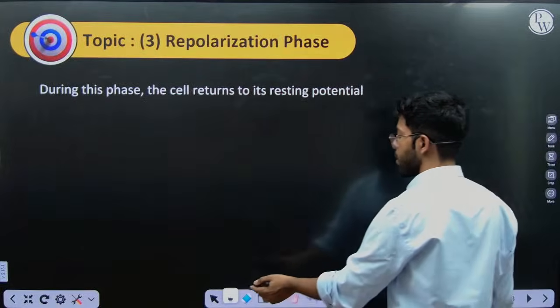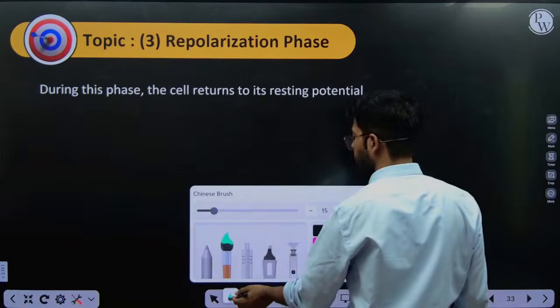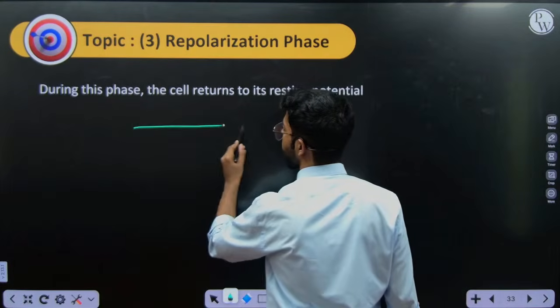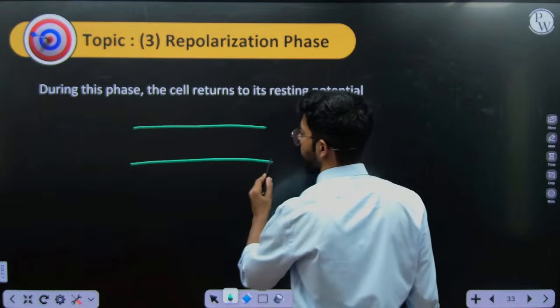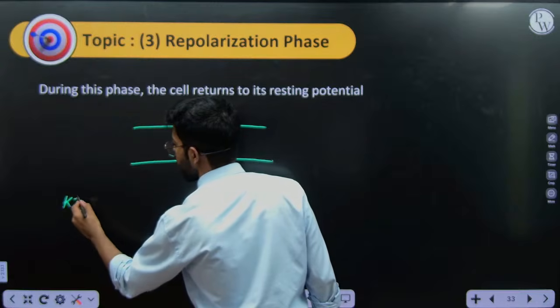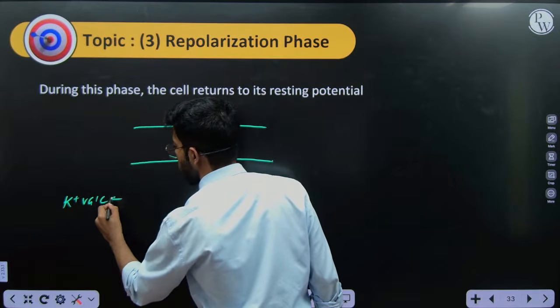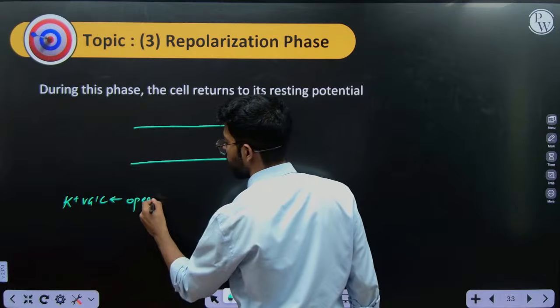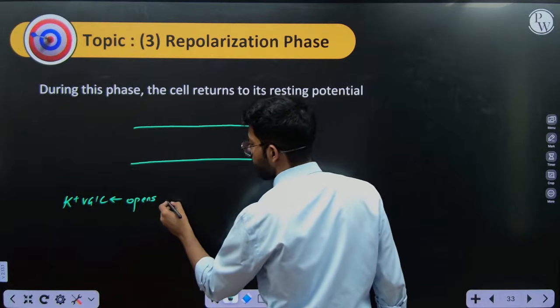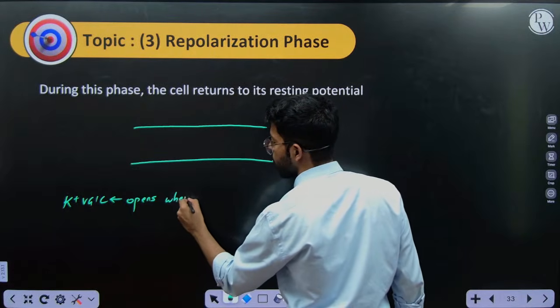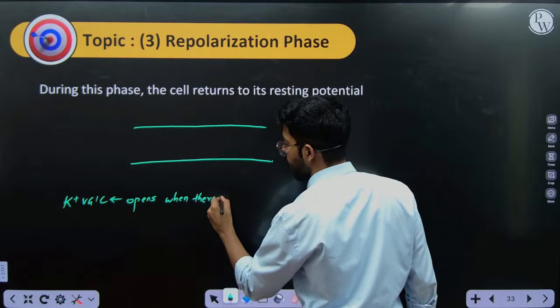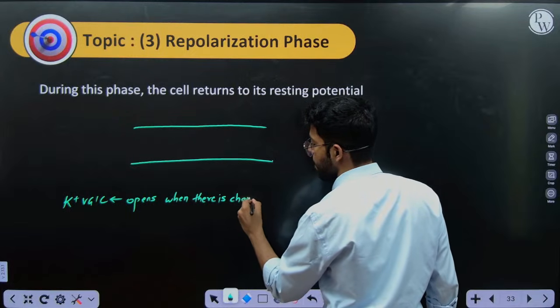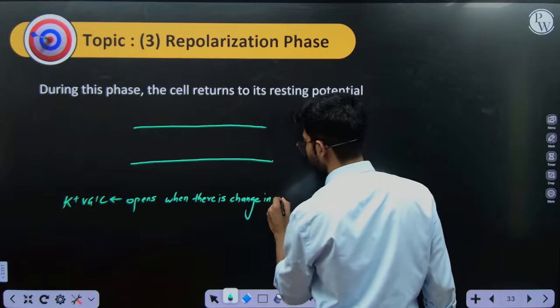Now the repolarization phase. The potassium ion VGIC also opens when there is a change in voltage.